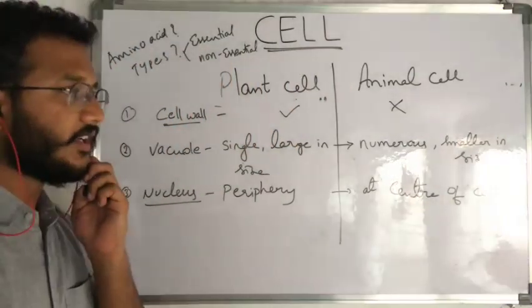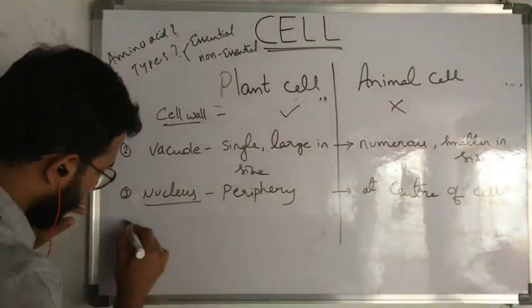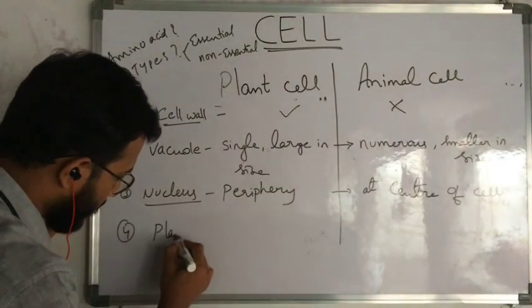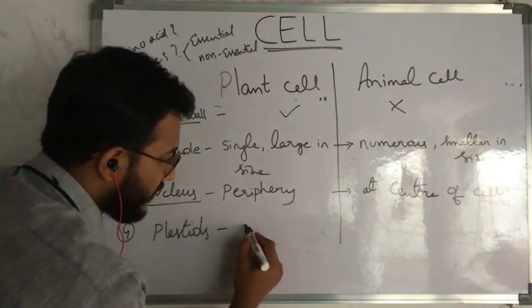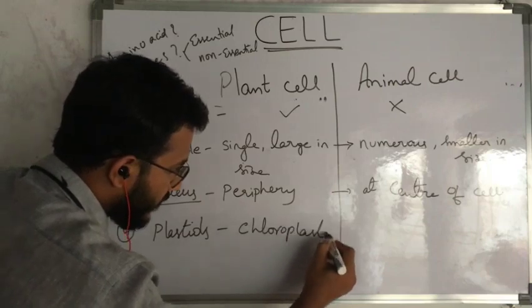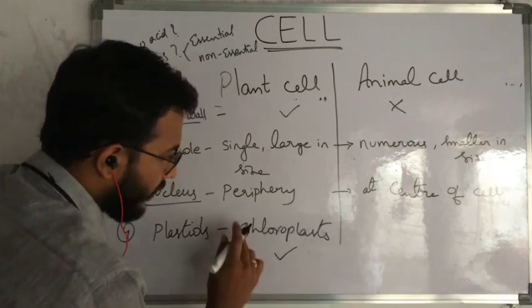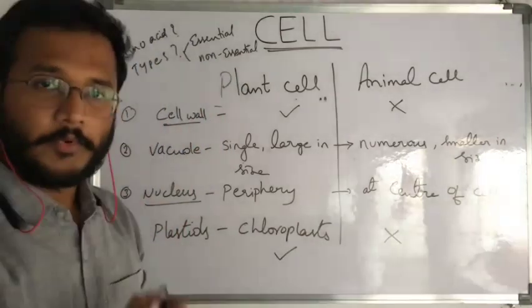This is one of the major differences. And plastids: here mainly chloroplasts are present, and here the chloroplasts are absent. Getting the point? Okay.